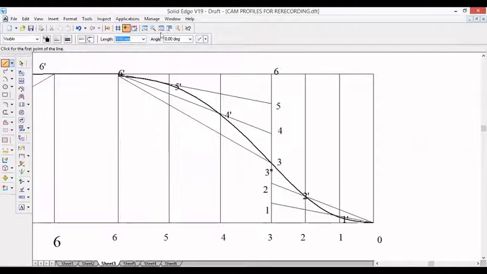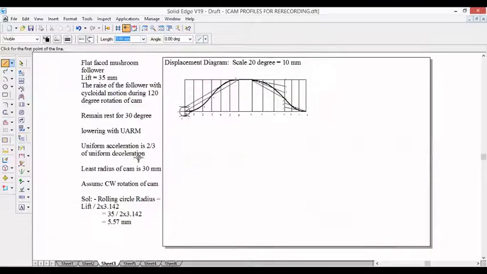Next we have dwell. As per the dwell for remaining, nothing is given for further. So total angle 120 plus 30, 150, 150 plus return stroke is 120, 270 is completed. So remaining 360 minus 270 is 90 degree.